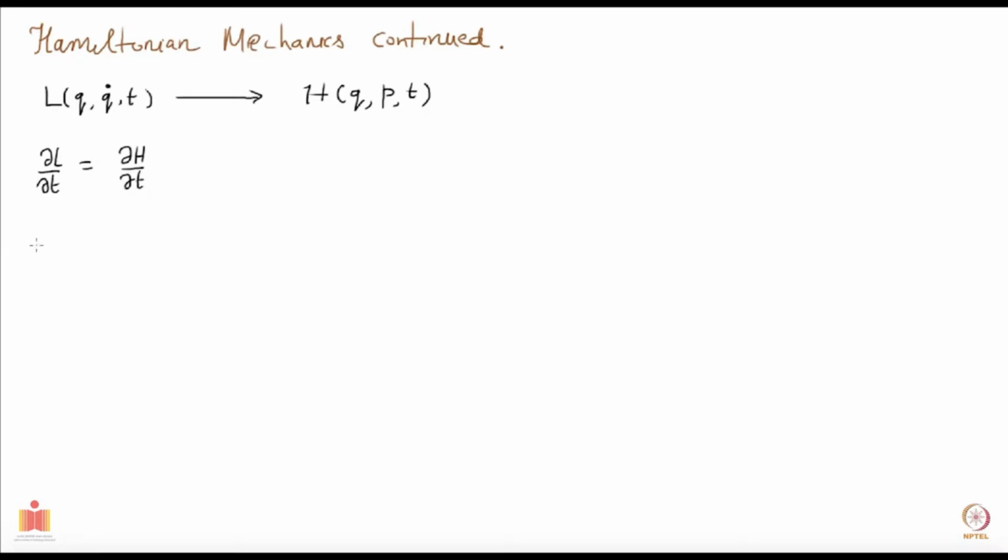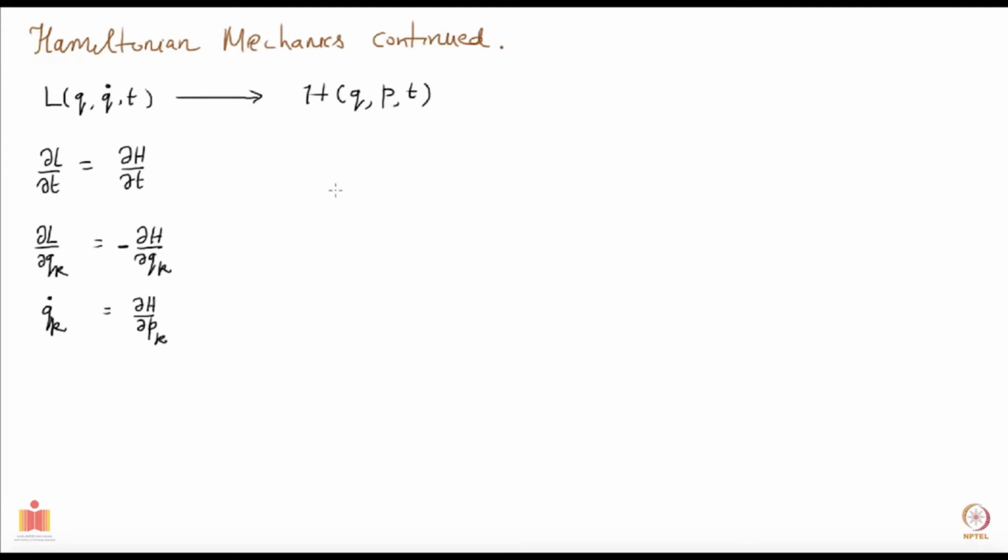Also, if you take the derivative of L with respect to one of the coordinates, it is the same as the derivative of the Hamiltonian with respect to the same coordinate, except for a minus sign. So these two are identical. And also we had Q dot equal to the derivative of the Hamiltonian with respect to the corresponding conjugate momentum. Remember, P turned out to be the conjugate momentum that you had seen earlier.